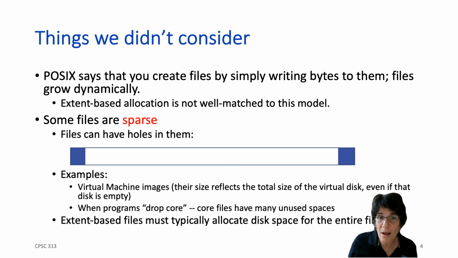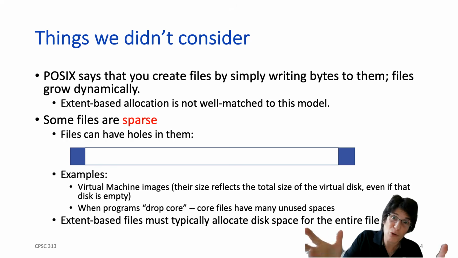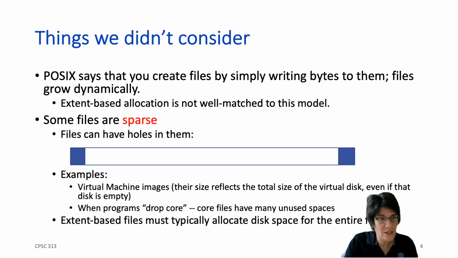So some of the more common ones are when you create virtual machine images, right? You create these virtual machines, and those virtual machines have virtual disks, which are make-believe disks, but those disks are huge. And a lot of times you don't fill them. And so if you didn't have sparse files, when you created these virtual machine images, you would be allocating all the space to these imaginary disks that you might never use.